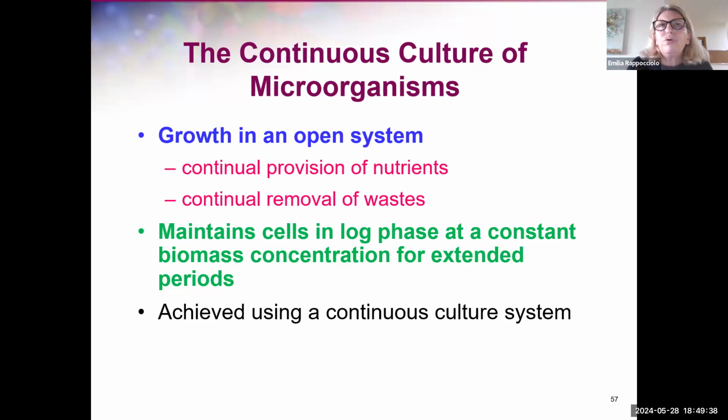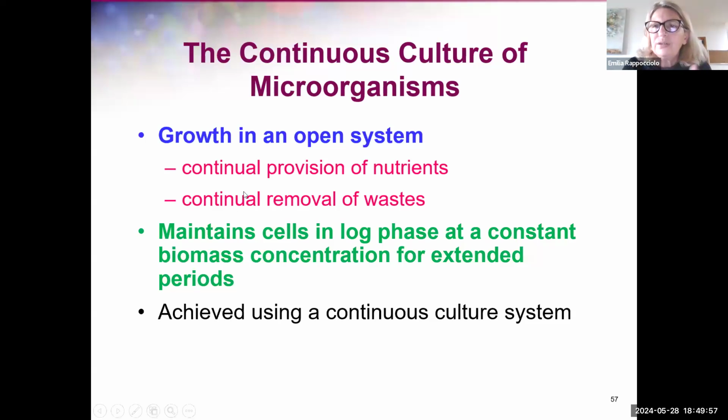We want them to grow in an open system where I can keep on changing the conditions in order to keep them in that optimal range, which makes my bacteria work for me. So this is an open system. They're called fermenters.